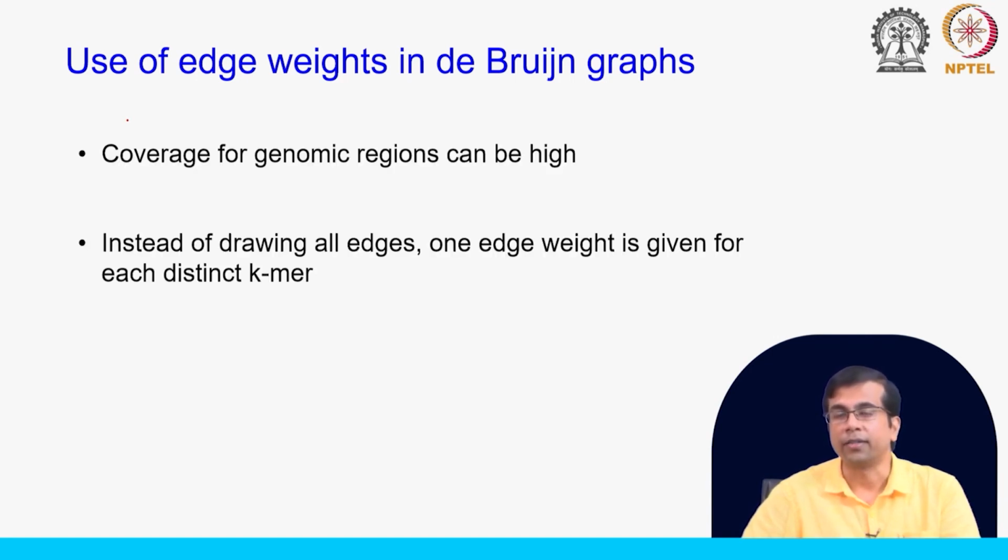So, I will just illustrate, right. This is actually done for coverage where you have high coverage for genomic regions. As I mentioned, it can be 50 to 100x, and instead of drawing or keeping track of all edges, when you are doing the computation, you can give one edge weight for each distinct k-mer. Okay. So, this k-mer is the edge, right. An edge represents a k-mer that we have discussed. Okay.